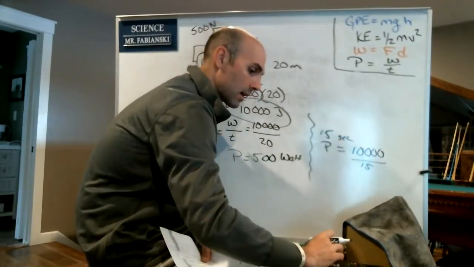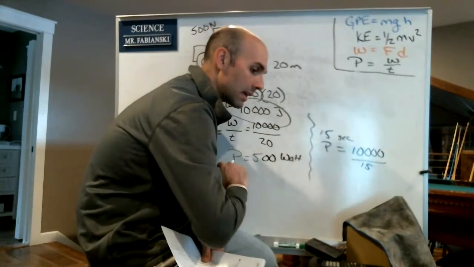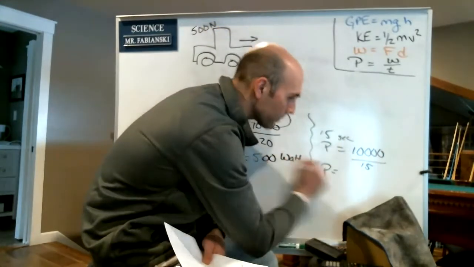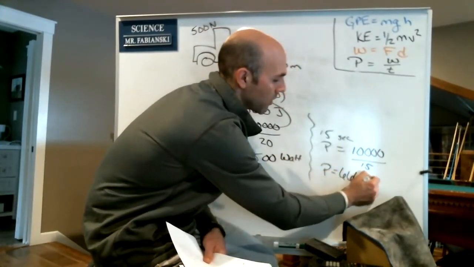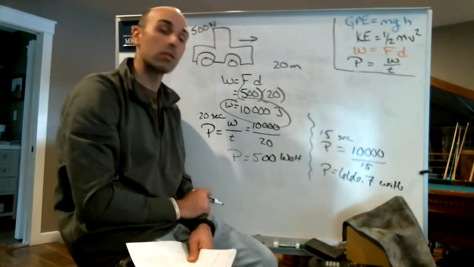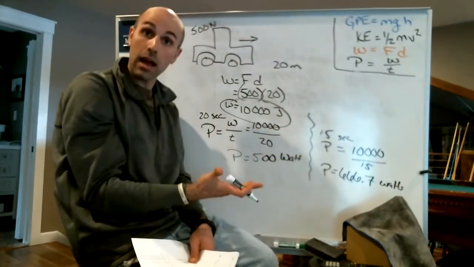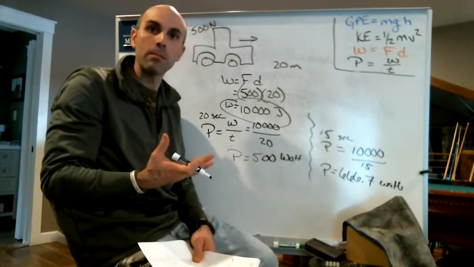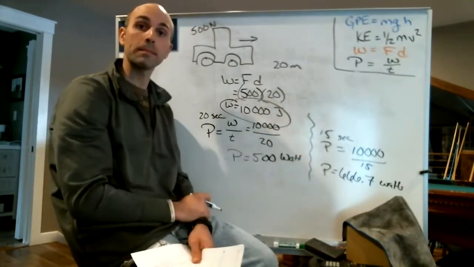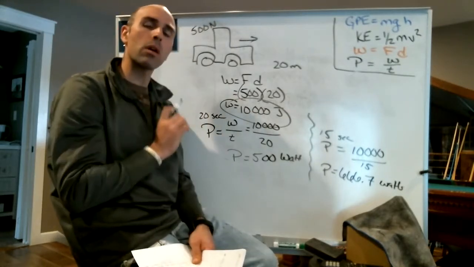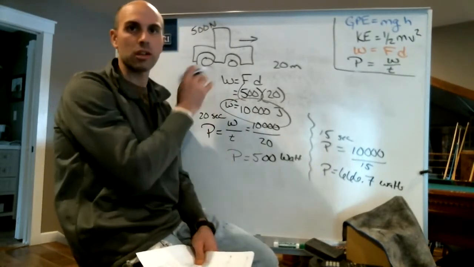So we're going to divide it by the 15, and his is 666.7 watts. So he did it in less time. Intuitively, that means he's stronger, he's more powerful, right? The numbers support it. So that right there is power and work in a nutshell.